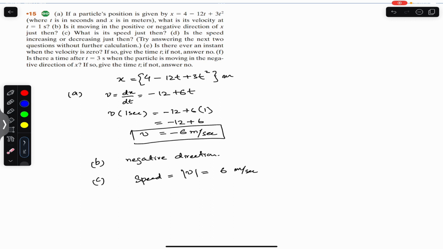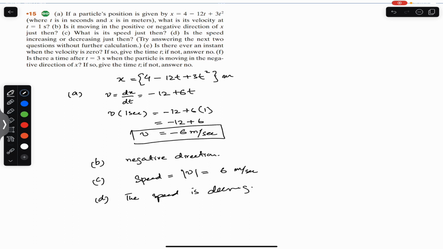So for part D, the speed is decreasing, and we can find the t value until which the velocity is decreasing. We can find the t value at which the velocity will become 0.